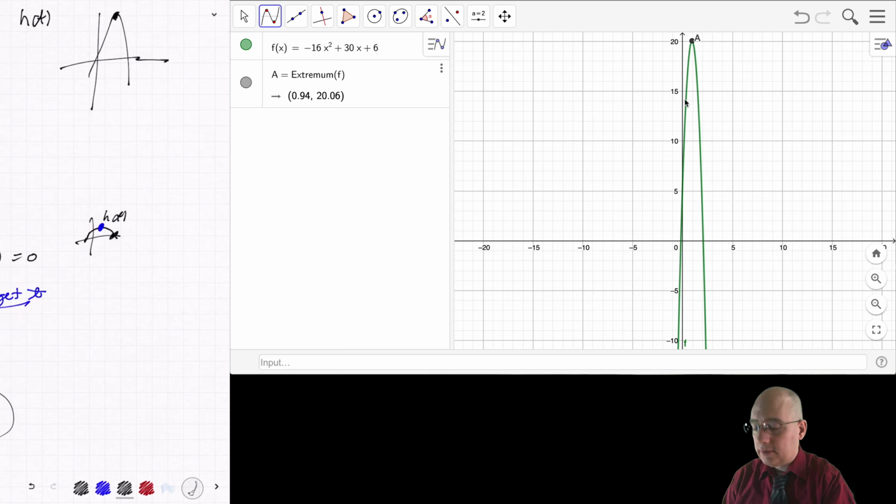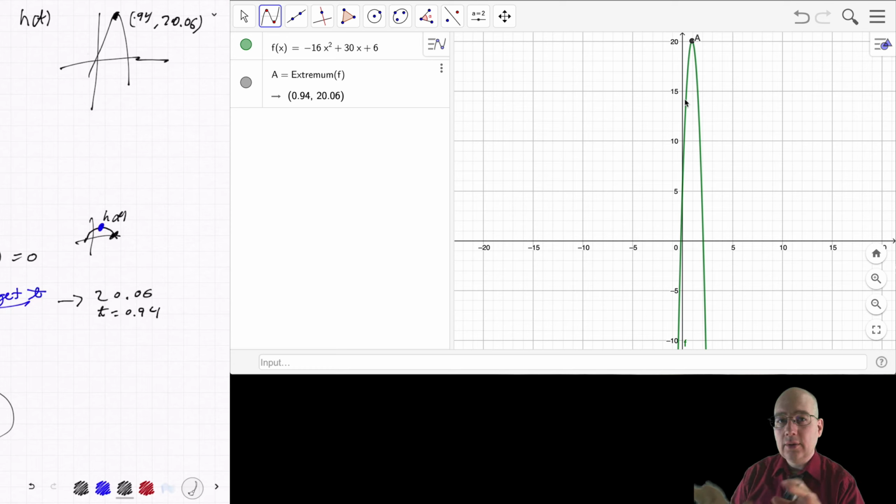We have this height here, 0.94, 20.06. So the max height is going to be, how high does it go? 20.06. And the t is 0.94. So that's very important to keep in mind what the x-coordinate represents. Here it represents the time, and then the y is the height.